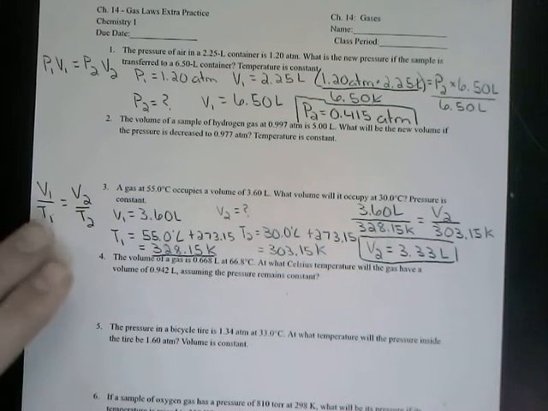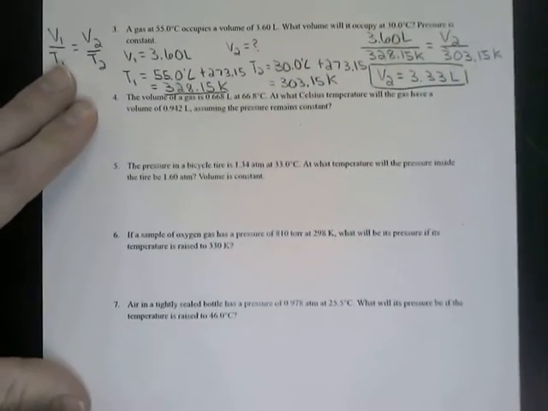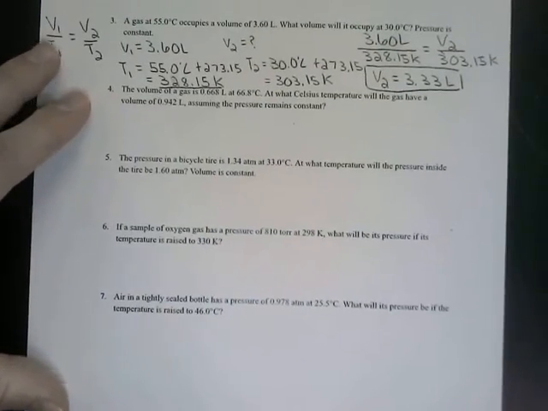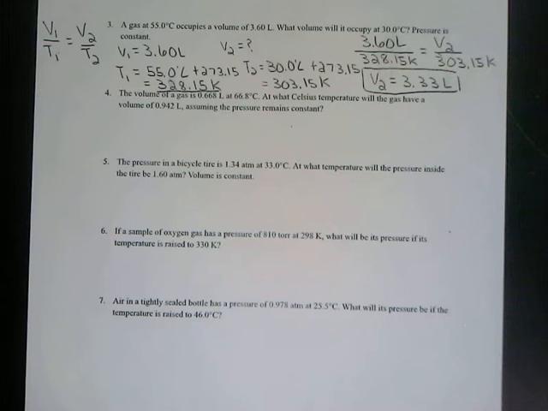Okay, so I'm going to do number 6 as my last example here. And it says, if a sample of oxygen has a pressure of 810 torr at 298 K, what will its pressure be if its temperature is raised to 330 Kelvin? So, again, we have to outline the players in the game here.